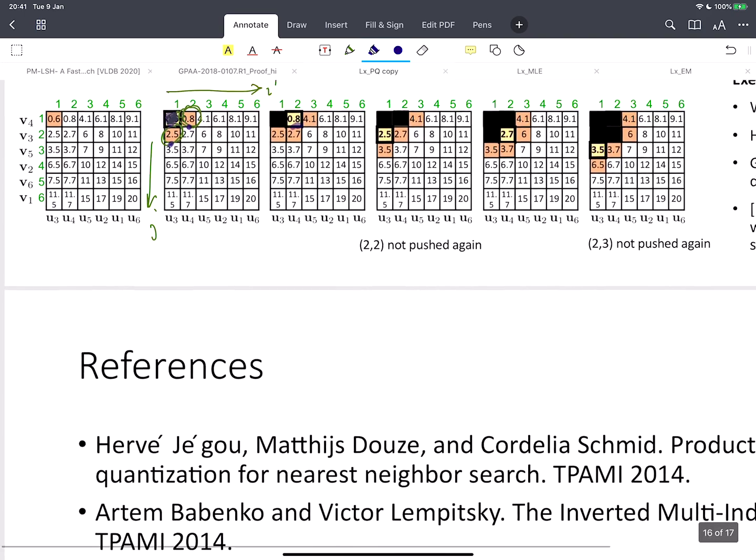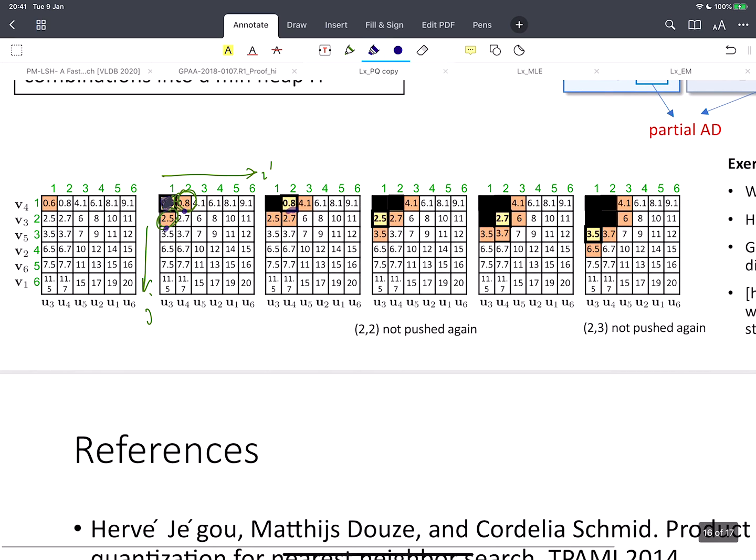then you push the immediate dominant neighbors into the heap. So you push 4.1 and 2.7. Okay, so that's why they are this kind of shape. And once you process this cell with a partial distance 0.8, by processing it means you load the data points corresponding to this cell. Then you mark this one as already done, and in the rest of the cells you take the minimal, which is 2.5.